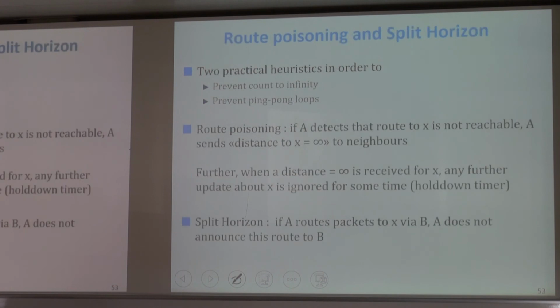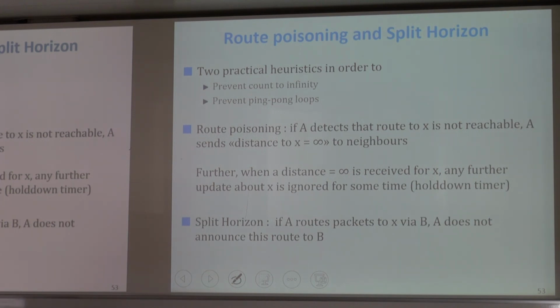Now we can still avoid count to infinity, in some cases, by a number of optimizations, two in particular that are very visible in RIP, called route poisoning and split horizon. Those are just two common sense rules.